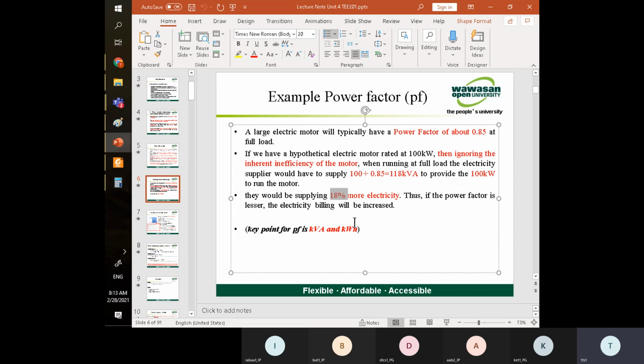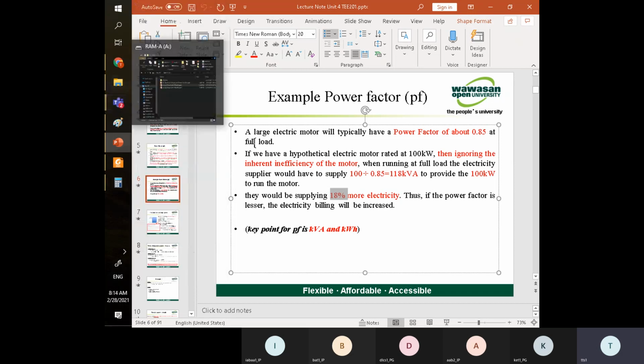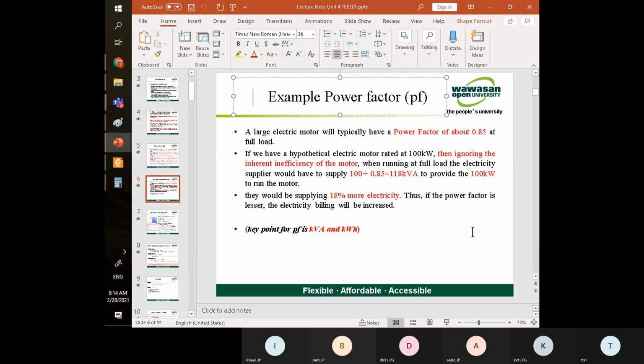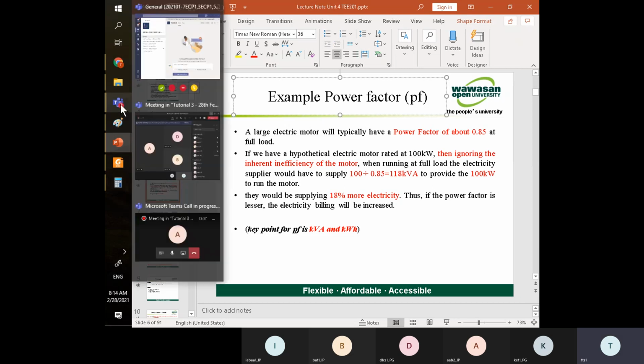They need to pay a certain fee if the power factor falls below 0.8. I think I remember 0.8. I haven't actually looked up the real number, but it's something near 0.8, I think. Could be 0.85 also.